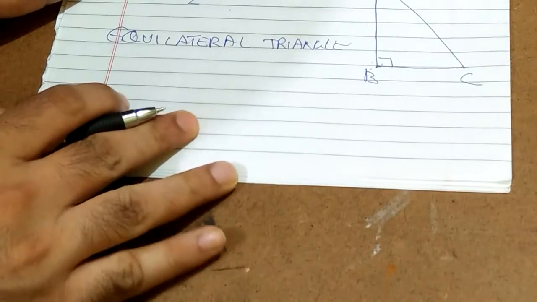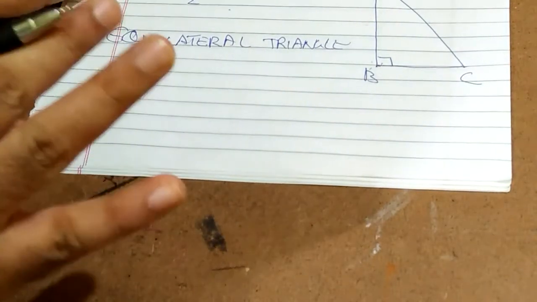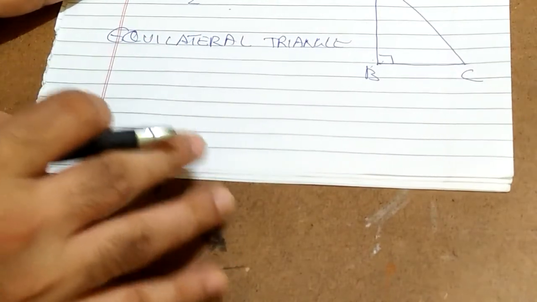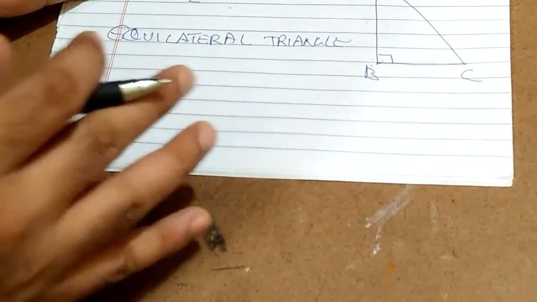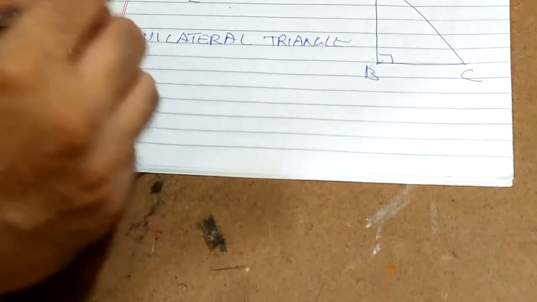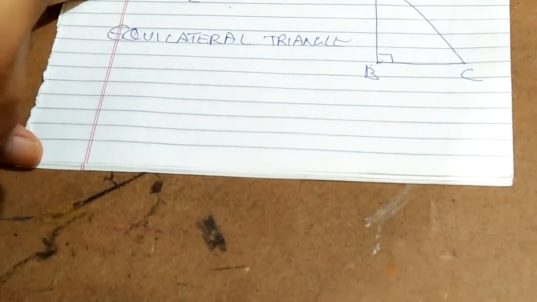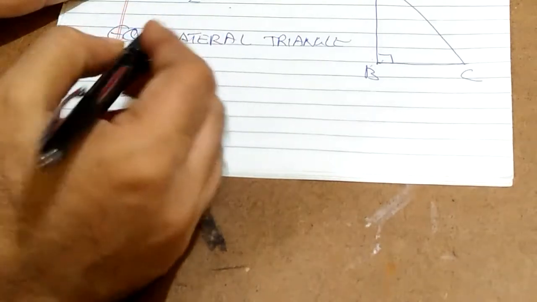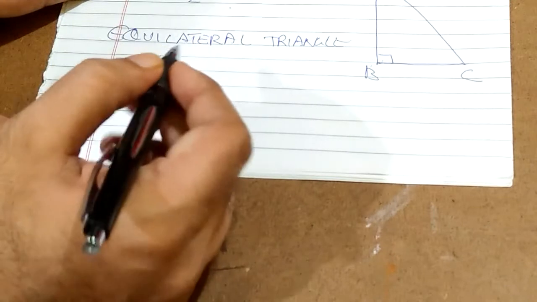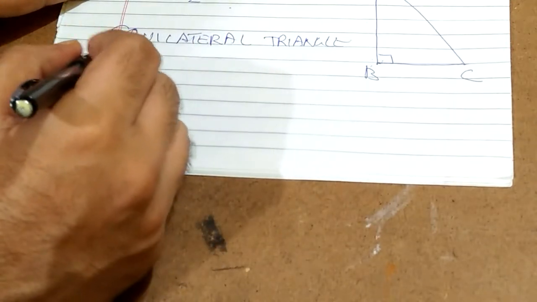In equilateral triangle, I'm giving you the straight formula without bringing in derivation, because that will take a longer duration. But your aim is to remember the formula, not exactly the derivation, because derivation is not a part of your detailed syllabus at this stage in this video.